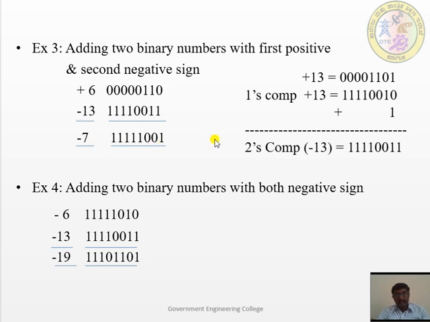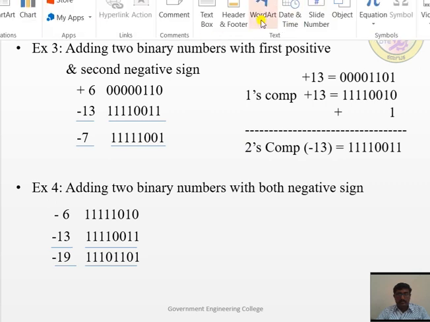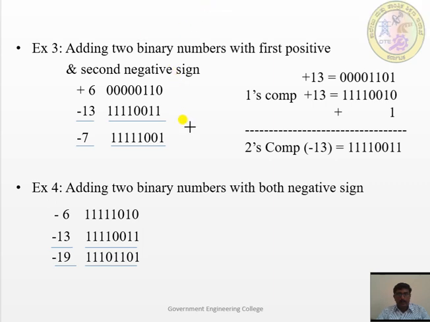Okay, we can cross check with the 7 value. The first 5 digits are 0, the remaining 3 bits are 1 1 1. So 7 in 8 bits is 0 0 0 0 0 1 1 1. Okay, it's a direct 2's complement.